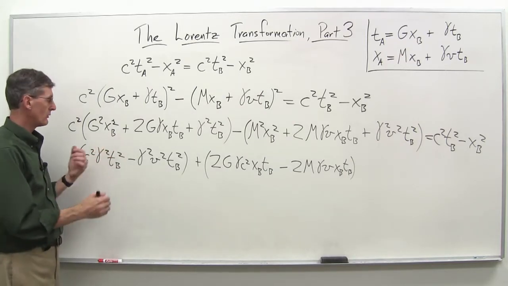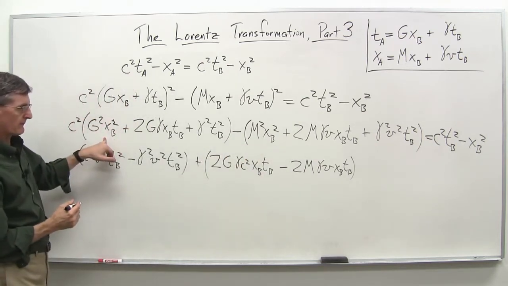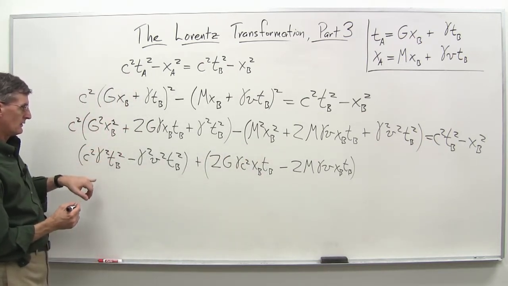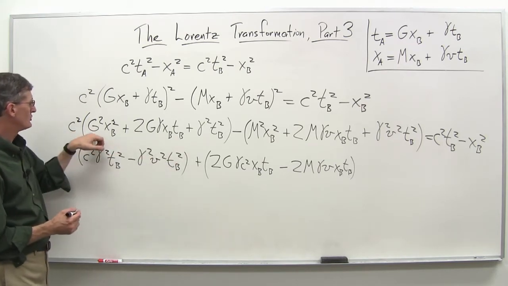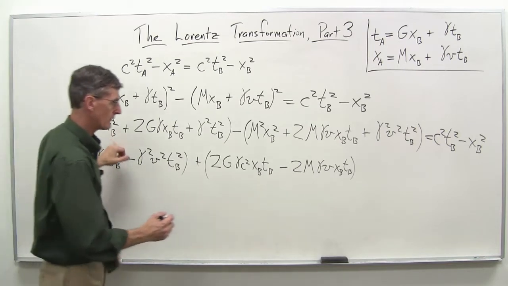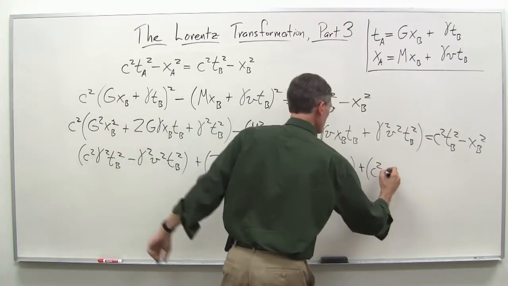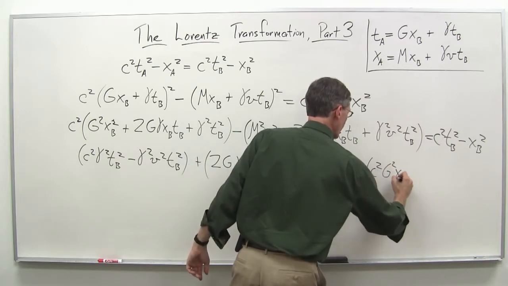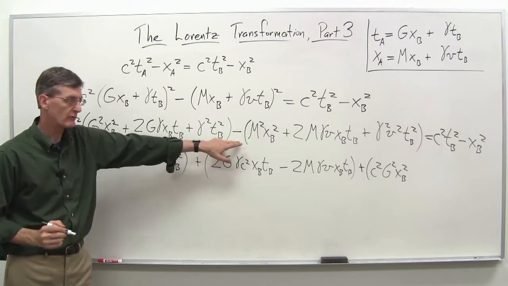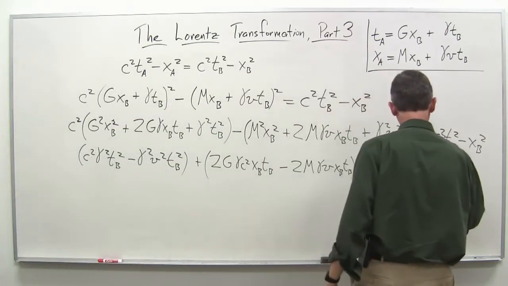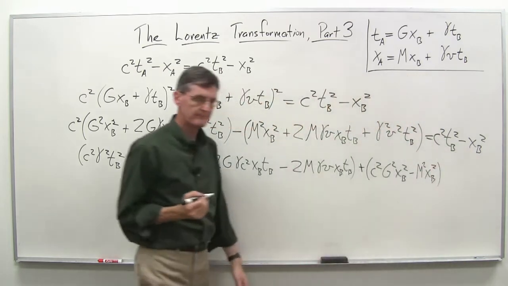And then the xb squared terms. I've got one here, and I've got one there. And I think we've got everything correctly here. So we've got plus c squared times g squared xb squared, and then minus m squared xb squared there.